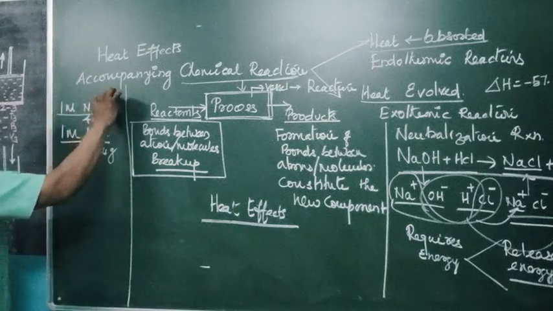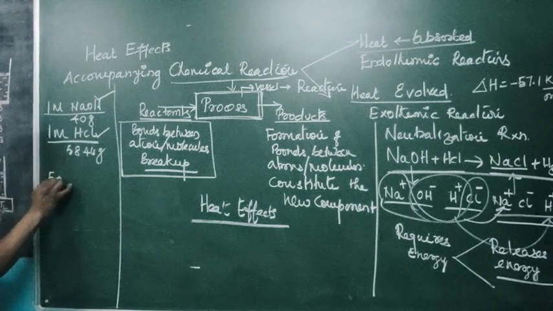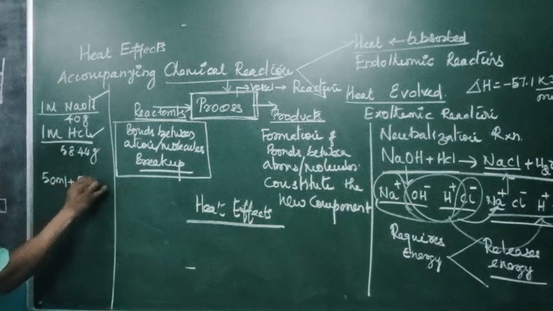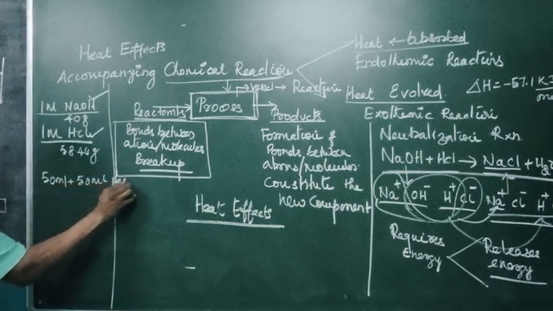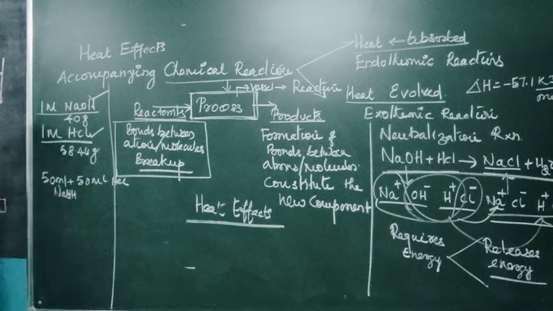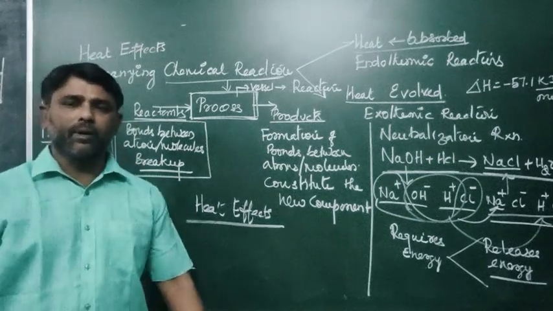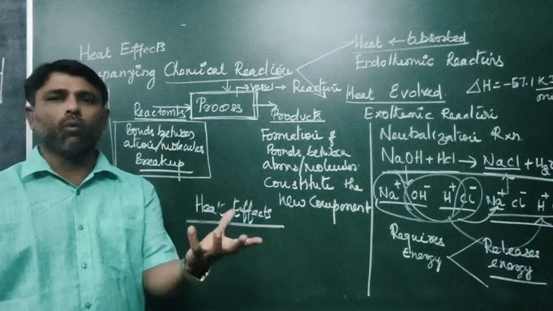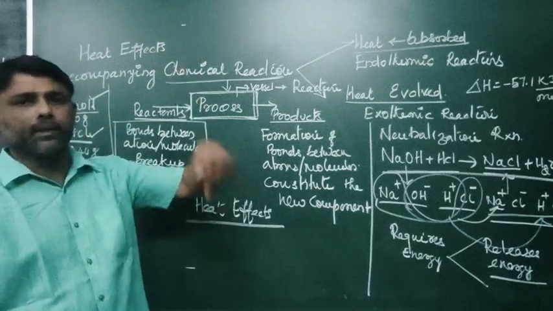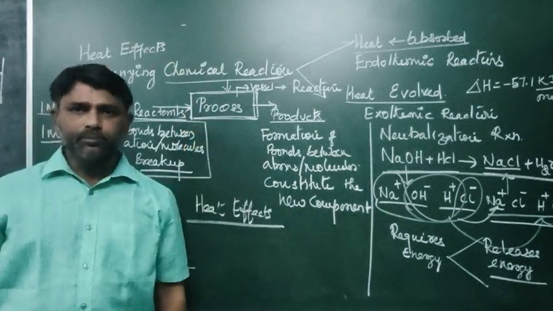Take 1 molar NaOH and 1 molar HCl, say for example 50 ml of NaOH plus 50 ml of HCl. Take these two solutions in a beaker. Definitely you will feel a warm or increased temperature of the beaker. While you insert the thermometer, it shows a certain increase in temperature.